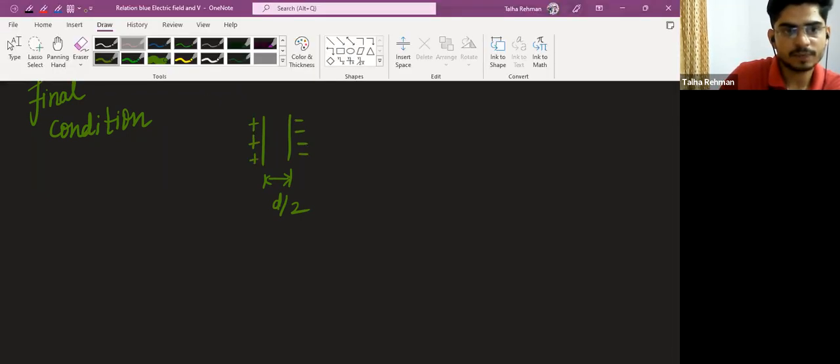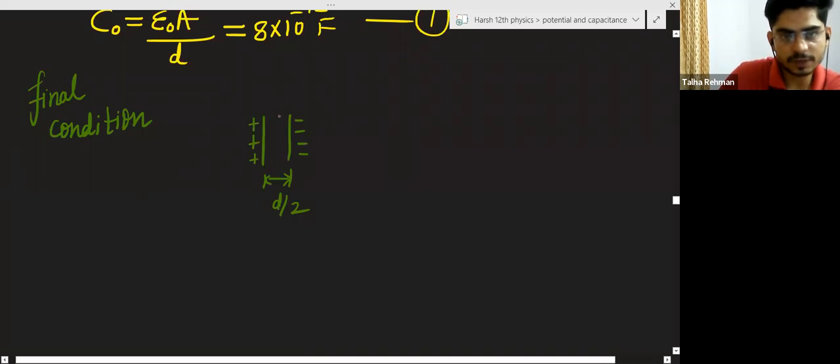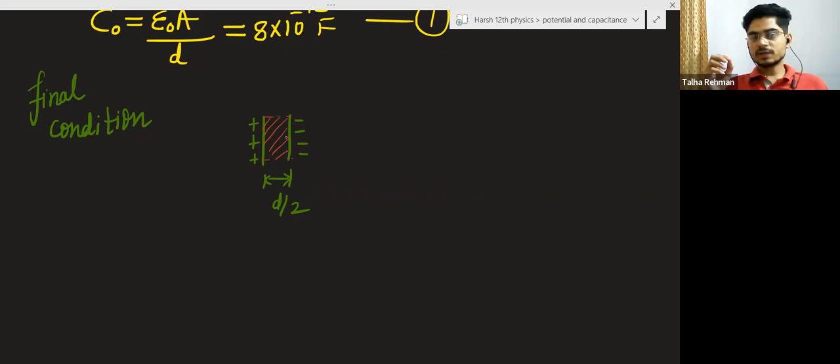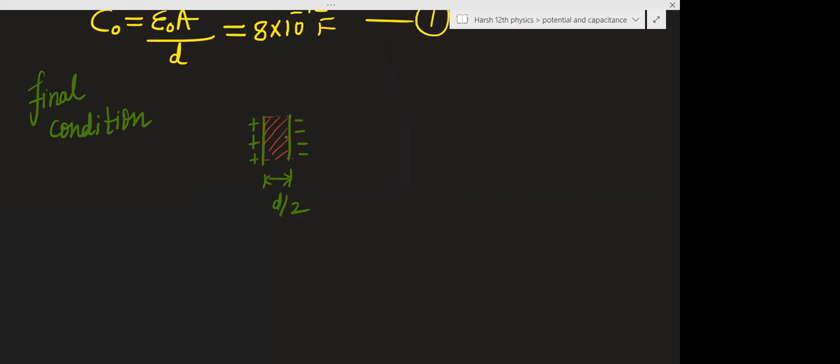And this time the dielectric is fully filled. If it is not given in the question whether the dielectric is fully filled or partially filled, consider the dielectric fully filled.